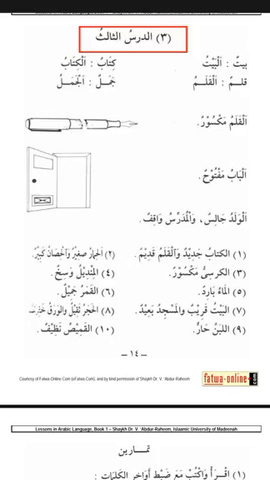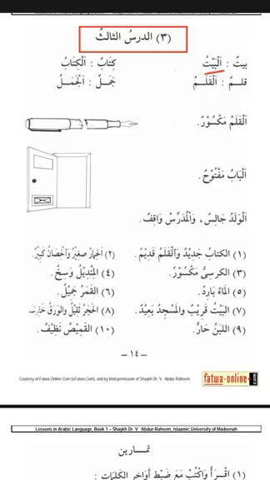So if we see al-baytu, and we know baytun to be a house, al-baytu will mean the house. Definite noun points to a thing that is known between the two people that are having a discussion.